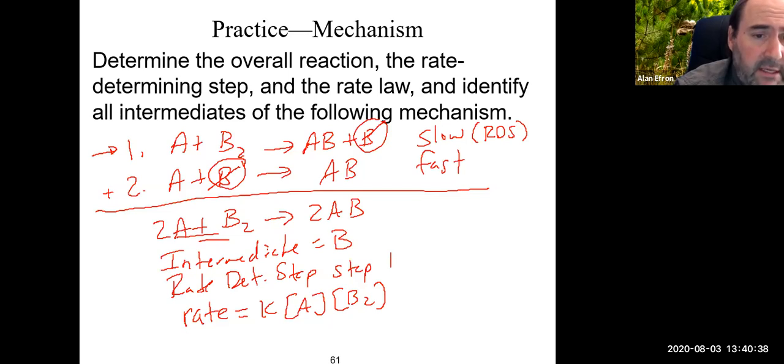So we don't see intermediates in the overall reaction, and that's why in another example that we did, we had something that canceled out but didn't completely cancel out, it reduced down. I think it was like NO or NO2 or something like that.